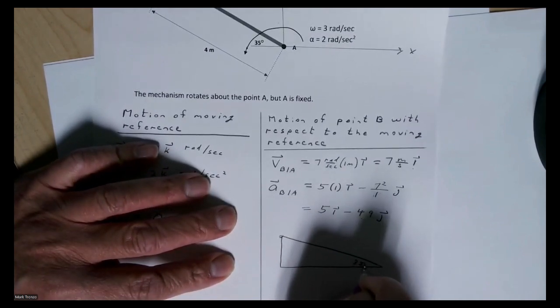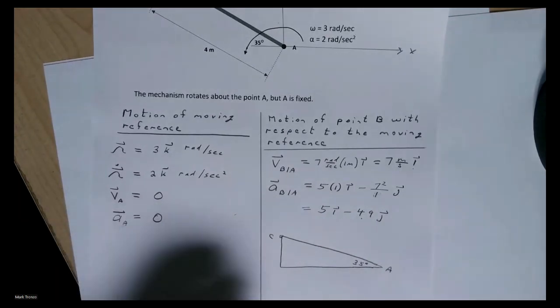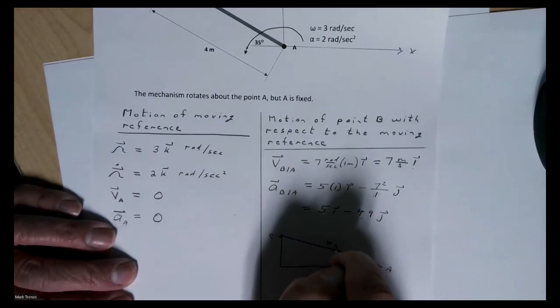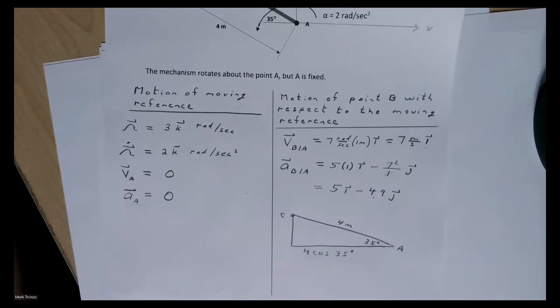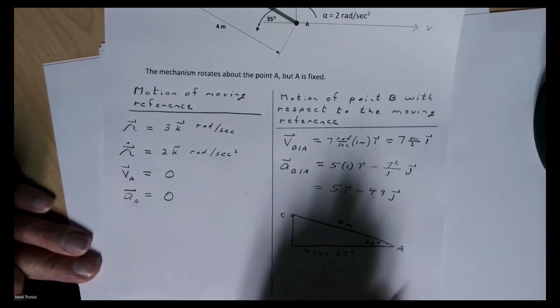So this is 35 degrees. This is A, and this is C here. And we know that this length is 4 meters. Of course, the adjacent side is going to be 4 cos 35.